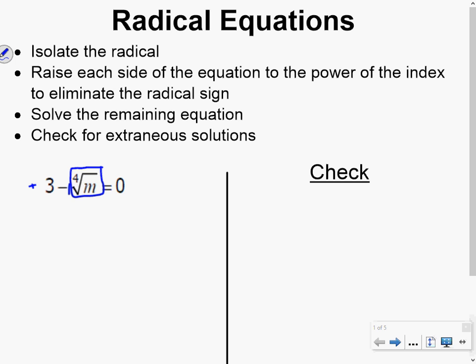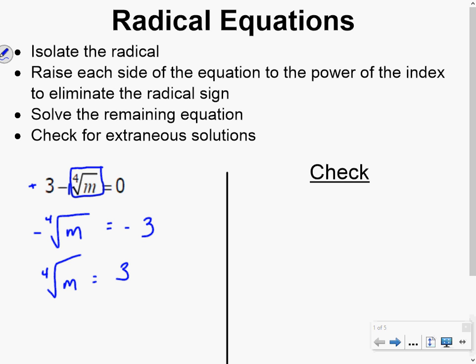So to get the radical by itself, we would have to subtract 3 from both sides. Okay, and then to get rid of that negative that's in front, I have to divide by -1. So when I do that, my radical is now isolated. So I get the fourth root of m equals 3.